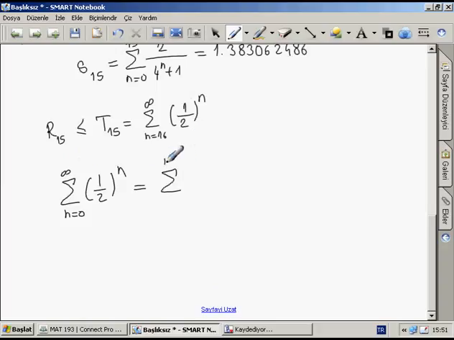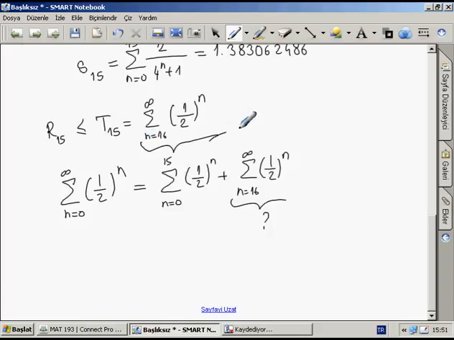Okay, I mean that the sum from 0 to infinity equals the sum up to 15 plus the sum from 16 to infinity. And the question part is this one.